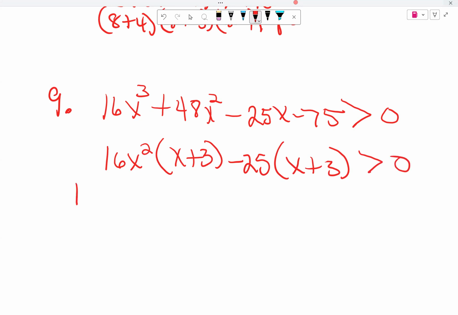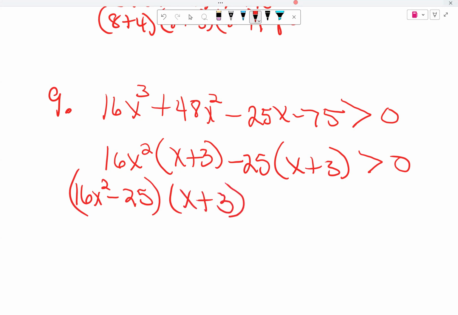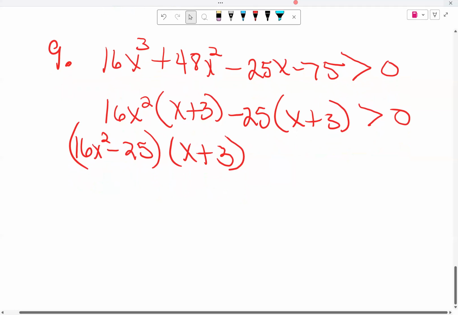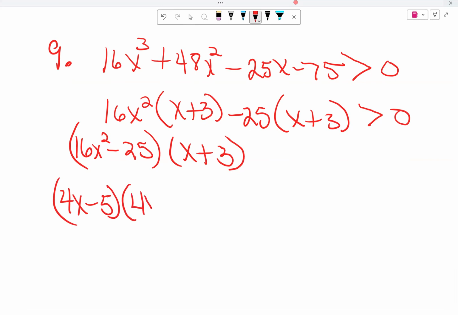So I get a perfect square, 16x squared minus 25, and I get an x plus 3. So now this is 4x minus 5 times 4x plus 5 times x plus 3, and that has to be greater than 0.